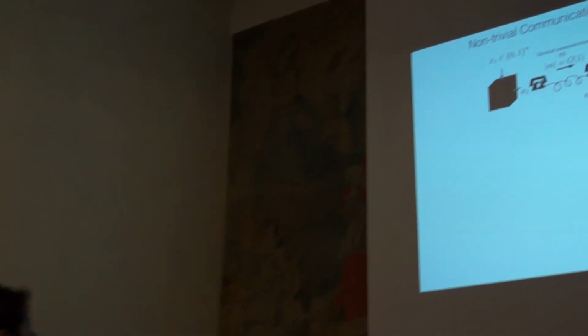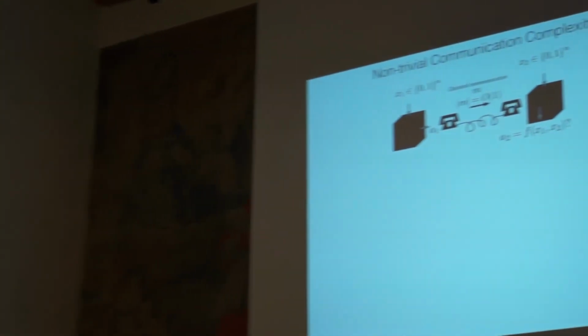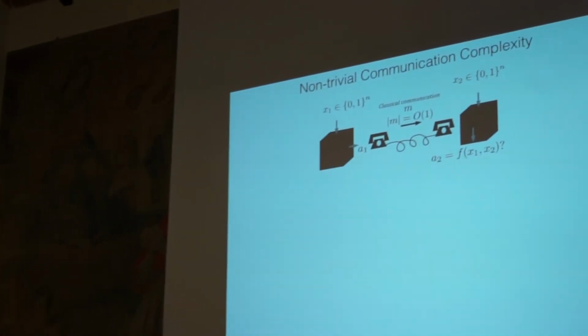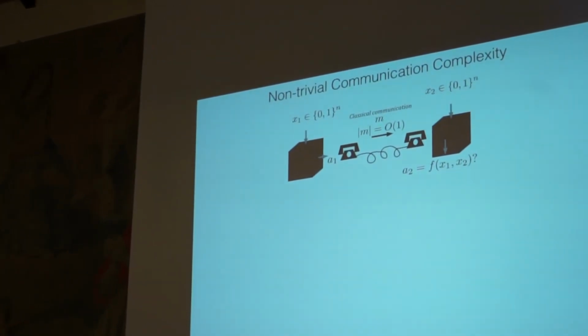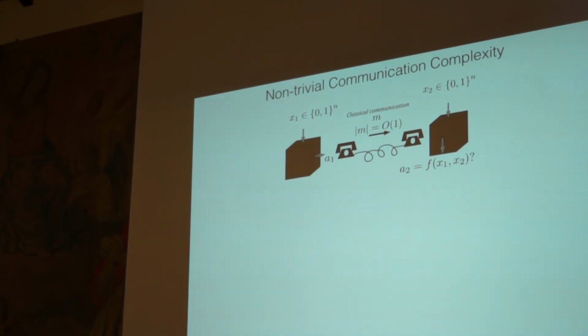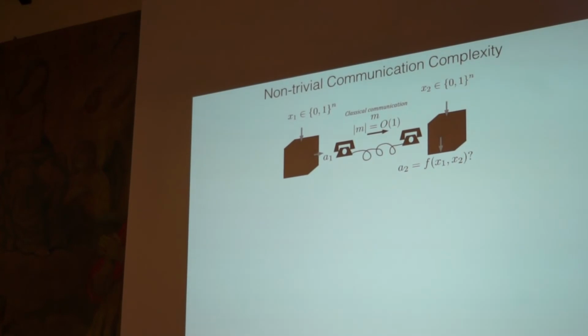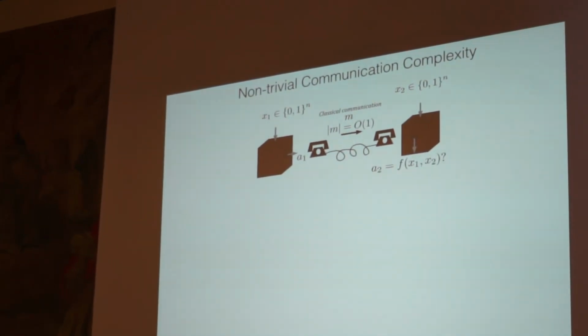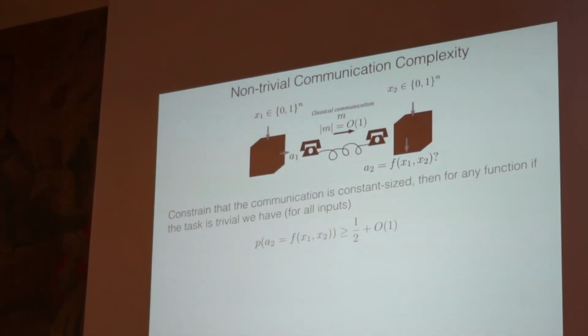So the first one is a communication complexity task. I know we're getting into engineering here, but just bear with me. I think it's quite a nice task. Two parties each get some input string, and they're allowed to classically communicate after they get these strings, from Alice to Bob. And then Bob's goal is to output a Boolean function dependent on both inputs.